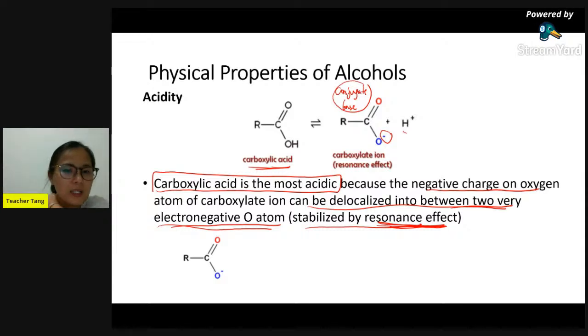So now I want to show you how it delocalizes. Basically, this negative charge delocalizes, which means that it can move between the two electronegative oxygen atoms. So how can it move?